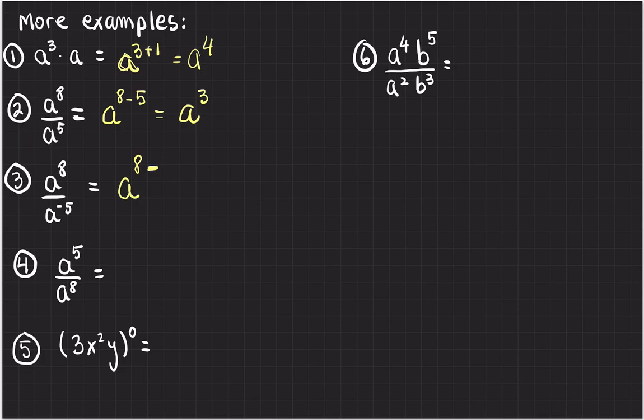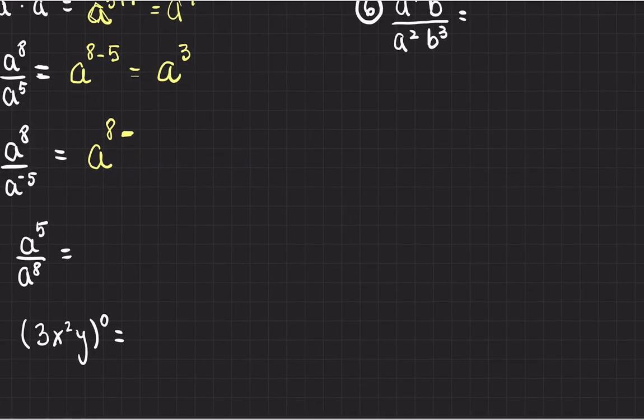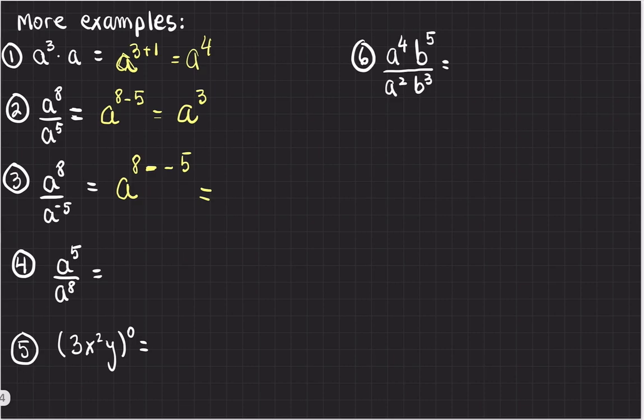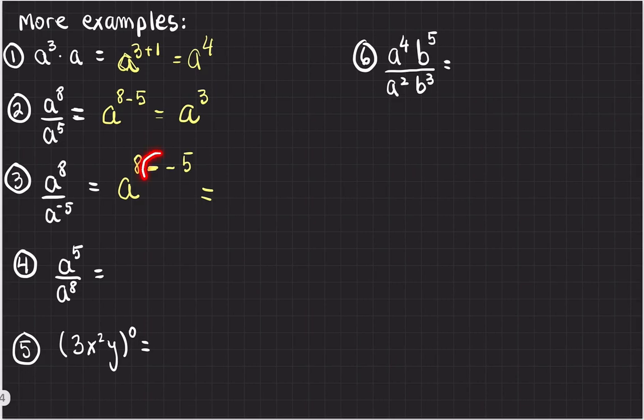But the exponent on the bottom is negative 5. Did you see how I ended up with 2 negatives in a row? Because my exponent in the denominator was a negative exponent. Now, whenever I have 2 negatives in a row, that's a positive, right? So this will be a to the power of 8 plus 5, which is a to the power of 13.